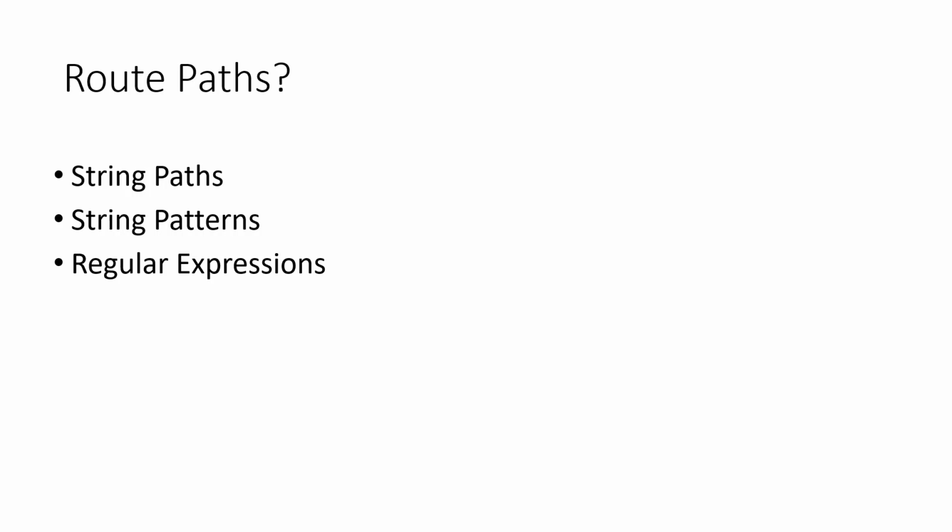String patterns allow for more dynamic and flexible routing by using special characters to define patterns. So we will be using special characters like asterisk, colon, question mark, etc. Each special character has its own meaning.